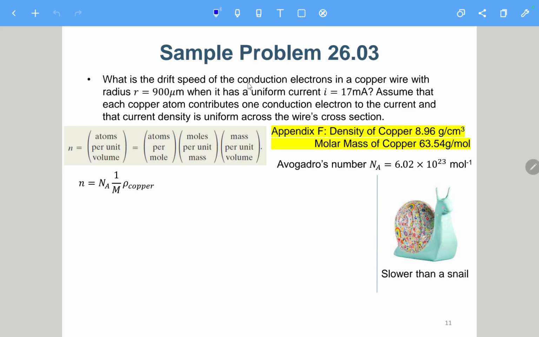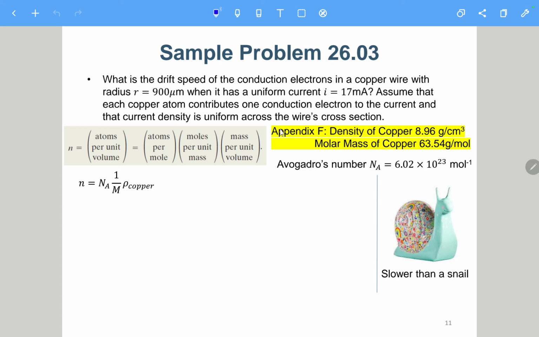So the conducting electron in a copper wire with radius r equals 900 micrometer, which is quite thin, has a uniform current I. Assume that each copper atom contributes one conduction electron to the current, and the current density is uniform across the cross section.